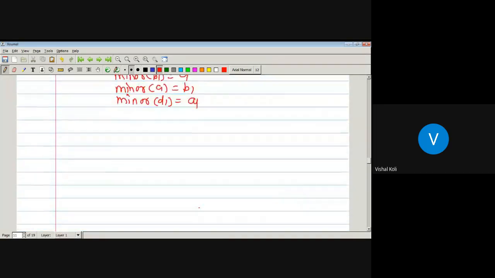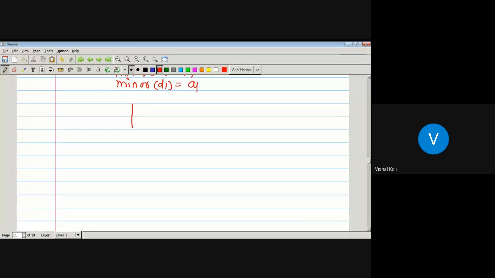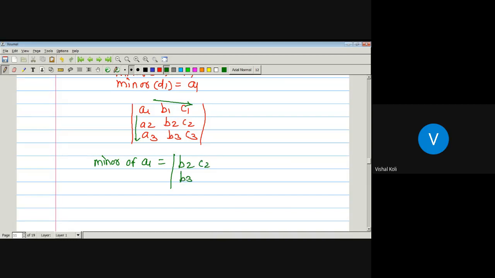Suppose there is a determinant of order 3: A1, B1, C1, A2, B2, C2, and A3, B3, C3. The minor of an element A1 is obtained by suppressing the row and column corresponding to that element. Suppress this column and this row, and the remaining part is B2, C2, B3, C3.